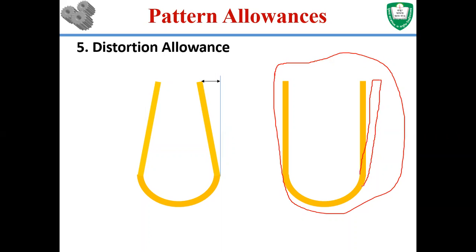You will not get exactly vertical edges for thin castings, if the thickness is very small, like 3, 4, or 5 millimeter.